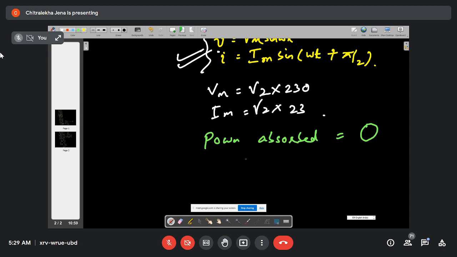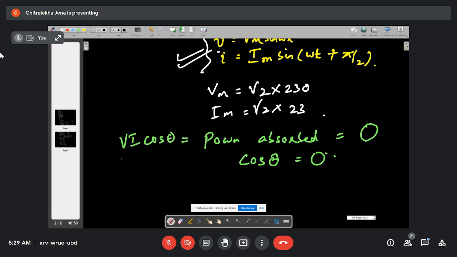Then what is your power factor? Cos theta. How much is cos theta? 0. Power absorbed is zero because cos theta is 0. What is the formula for power absorbed? VI cos theta, right?